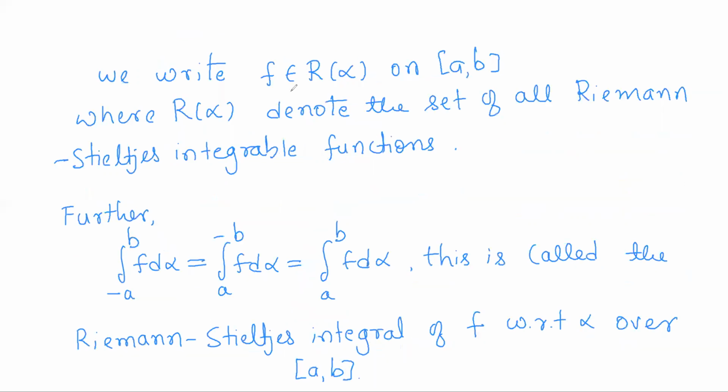And we write f belongs to R of alpha on [a, b], where R of alpha is nothing but the set of all Riemann-Stieltjes integrable functions.